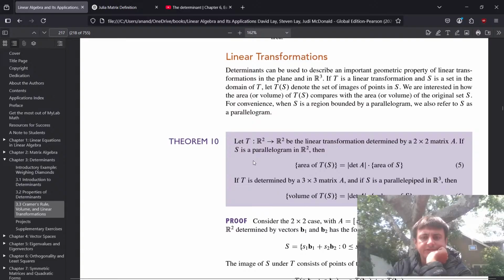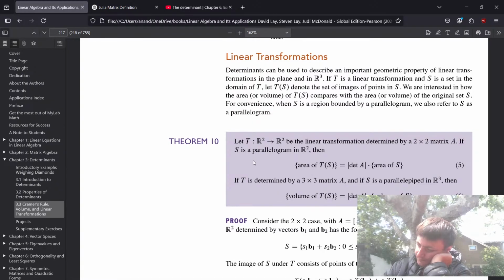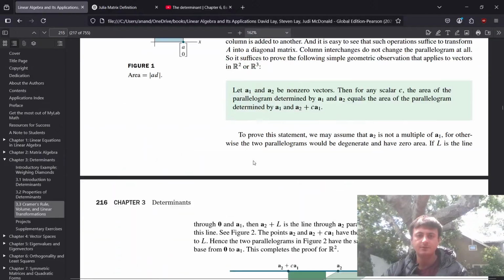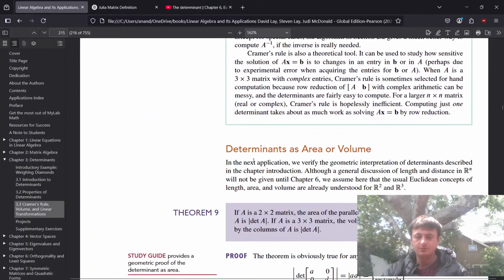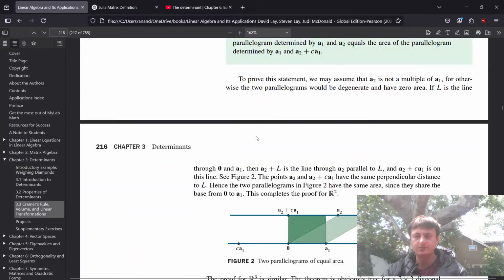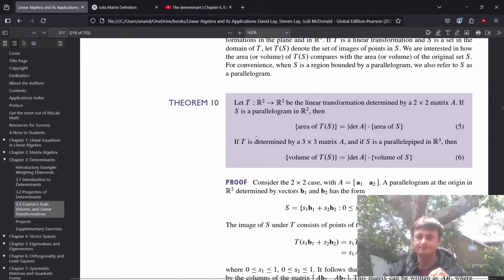We'll write down theorem 10. What was theorem 9? Okay. Finite region is S. Then, and T is a linear transformation.